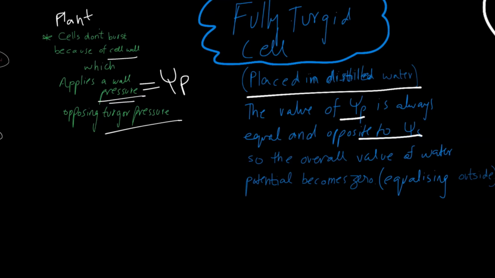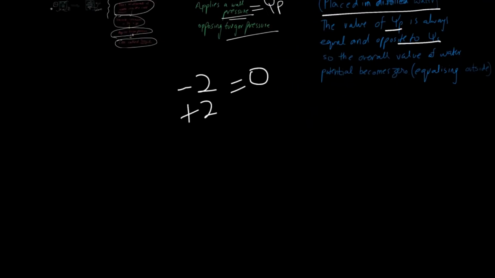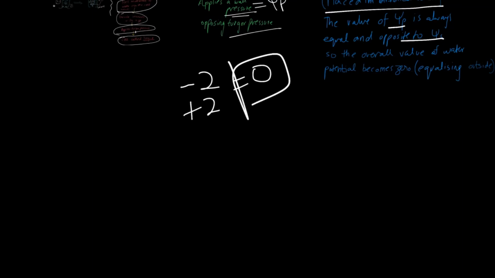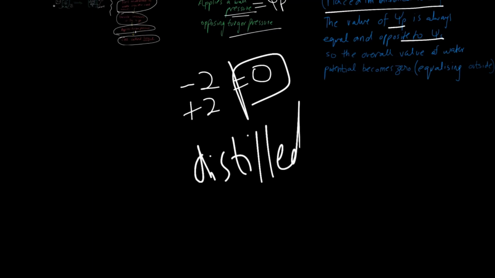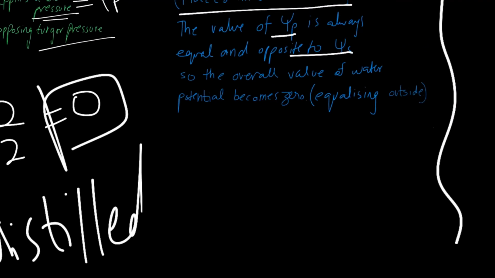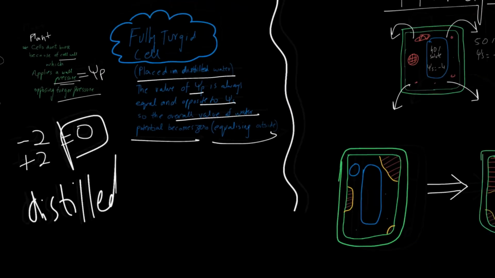So, as a result, if solute potential is -2, the pressure potential applied will be +2, which will make it 0. As a result, this 0 will balance out the 0 of the outside solution, which is distilled, right? That's what it mentions right here, equal and opposite. So the overall value of the water potential becomes 0, equalizing outside.